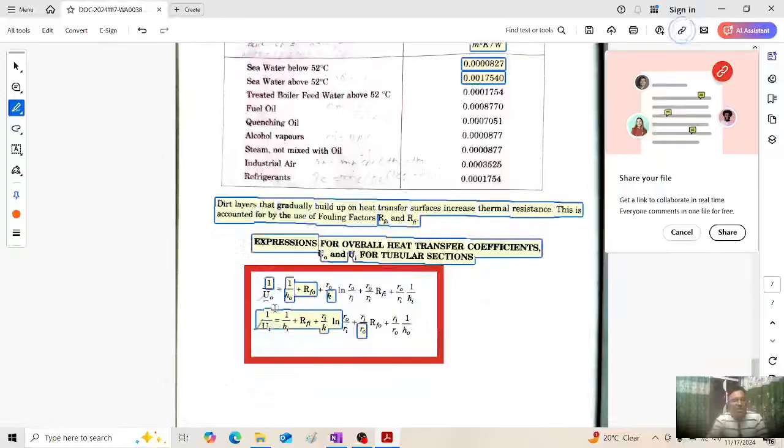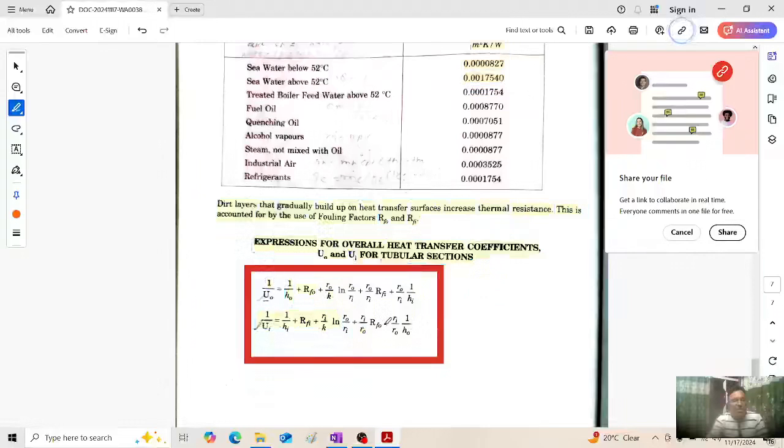Okay, 1 upon U naught is equal to 1 upon HO plus RFO plus RO by K into log RO by RI plus RO by RI, RFI plus RO by RI into 1 upon HI. So we can use this expression.